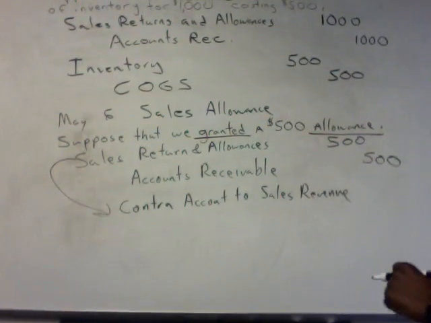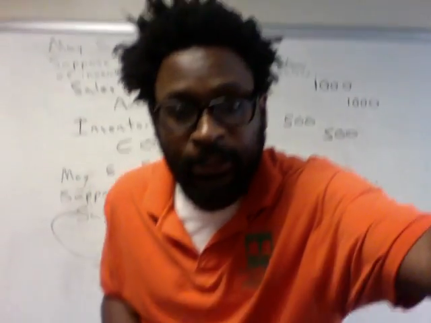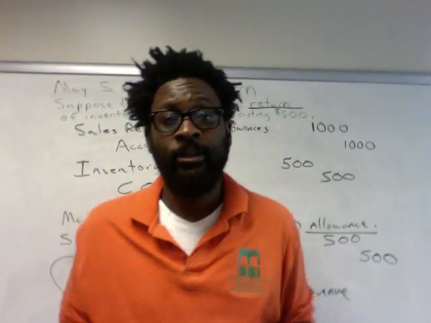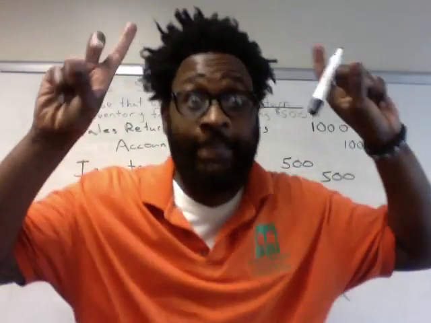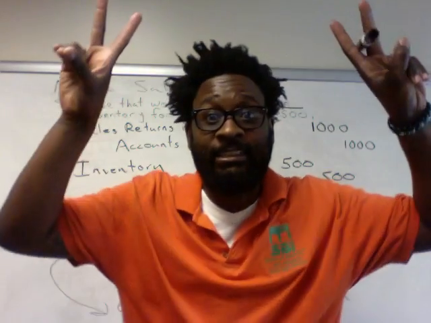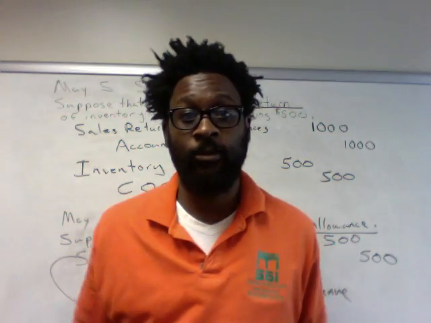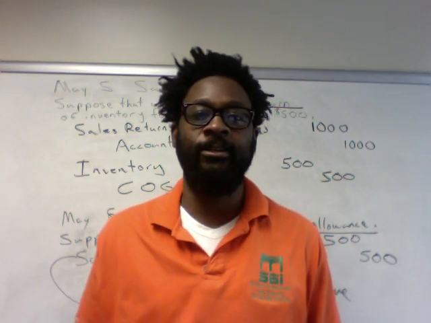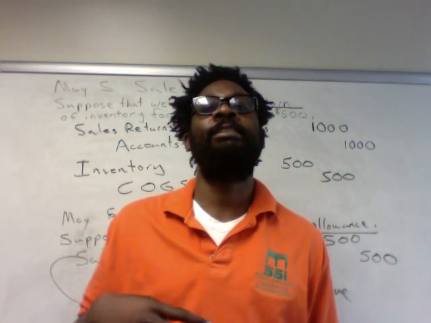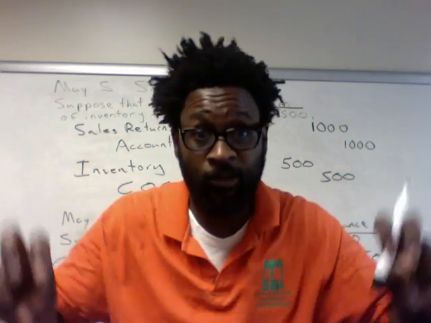Okay? And don't get caught up with the confusion. Why do you think they call it sales return? Sales return and allowance, sales discount. Ask yourself, why do you think they call it that? Because that's the person who is given the what? Sale. That's the person that's on the selling side.